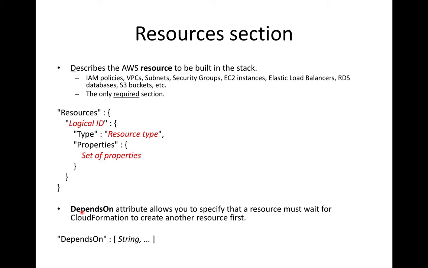We're specifying the desired state of our environment, and it's up to CloudFormation to figure out the order in which it should create resources. It knows, for example, that it needs to create a VPC before it creates the subnets that are associated with the VPC. Just makes logical sense, right? CloudFormation is able to figure that out on its own.